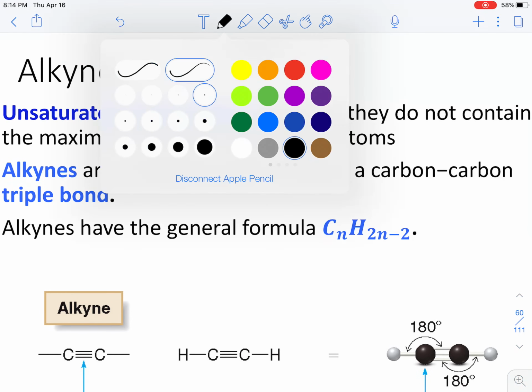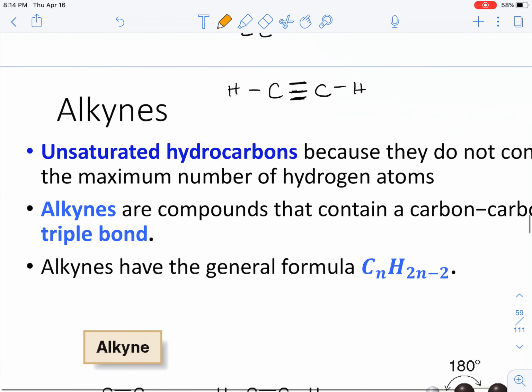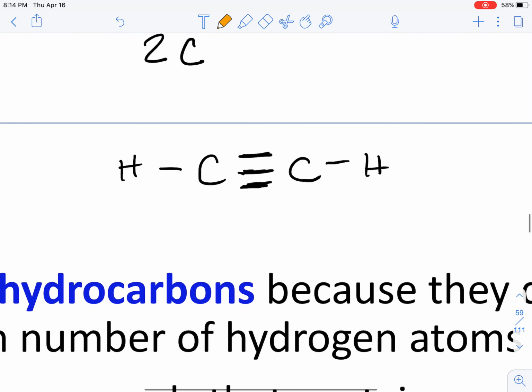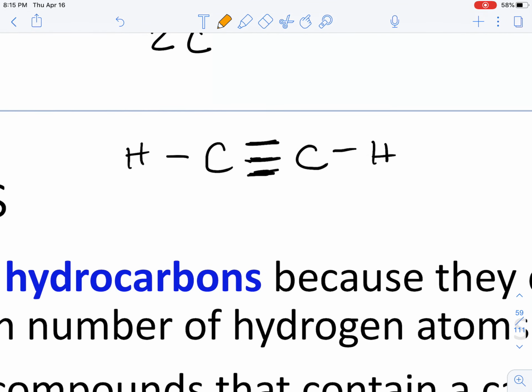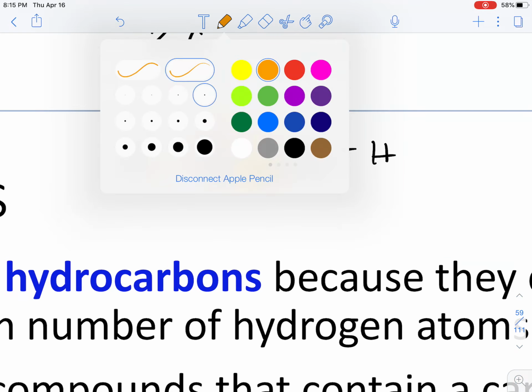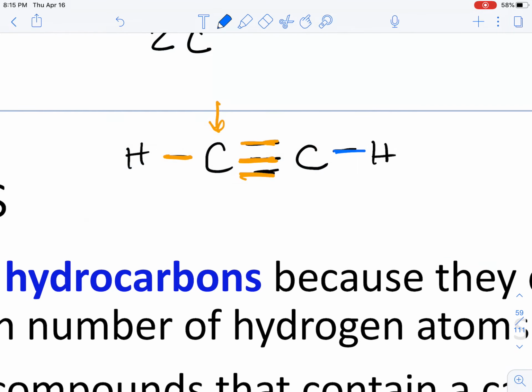And once again, if you look at the number of covalent bonds that surrounds either carbon, it should reflect the octet rule. So here we have 1, 2, 3, 4, 5, 6, 7, 8 electrons for the carbon on the left. And if I change color to, for example, blue, here I have 1, 2, 3, 4, 5, 6, 7, 8 electrons for the carbon on the right.